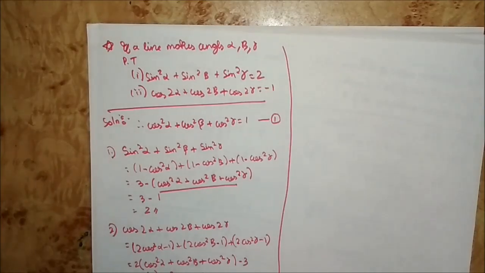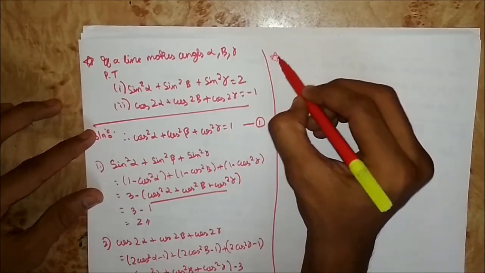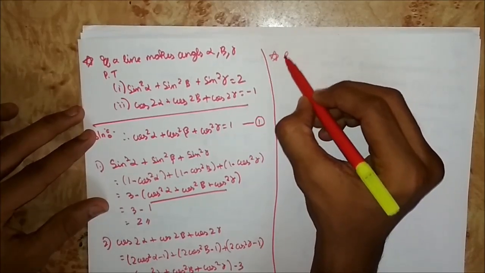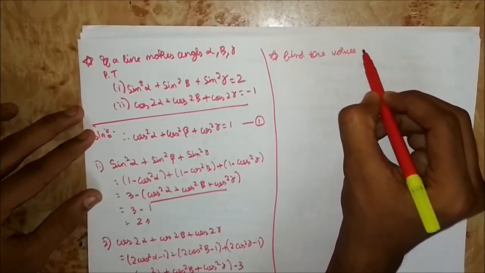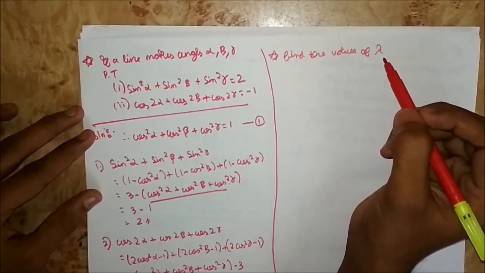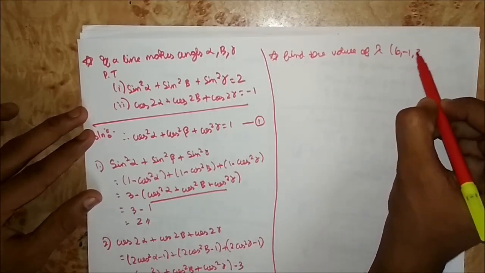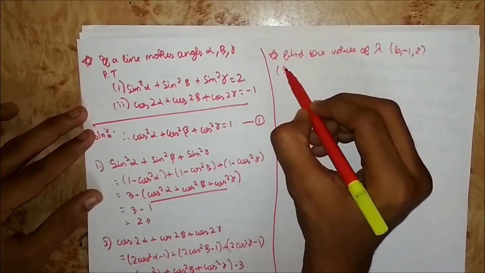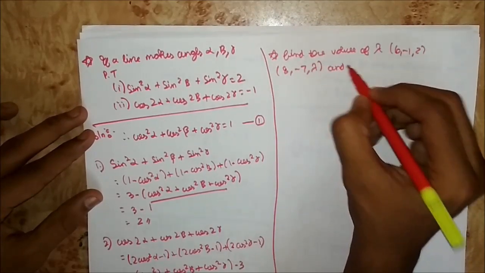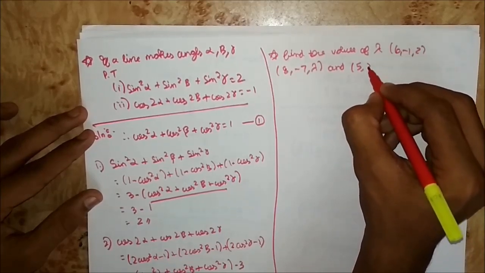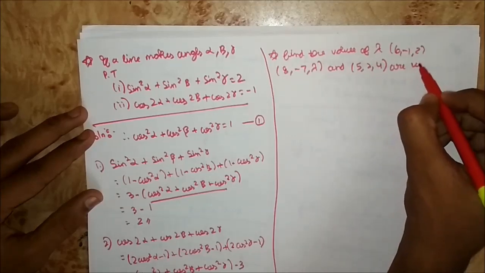Here we will take another example. We have to find the value of lambda for which the points (6, -1, 2), (8, -7, lambda) and (5, 2, 4) are collinear.